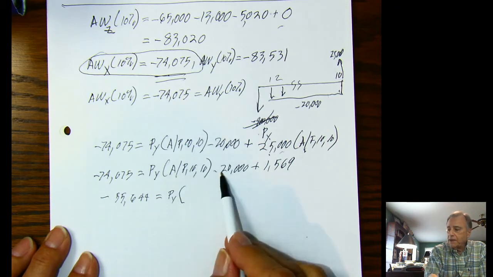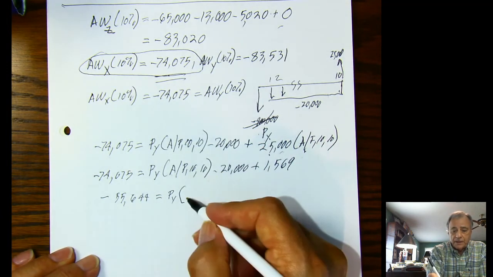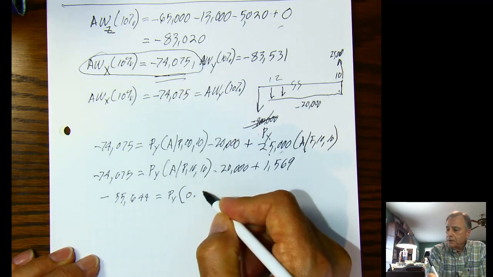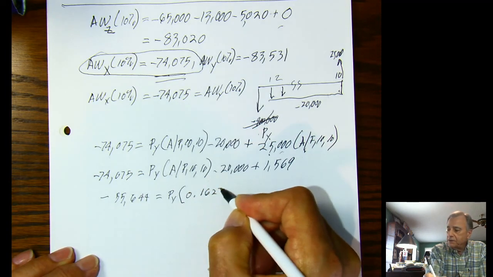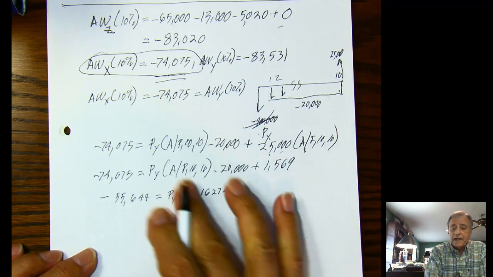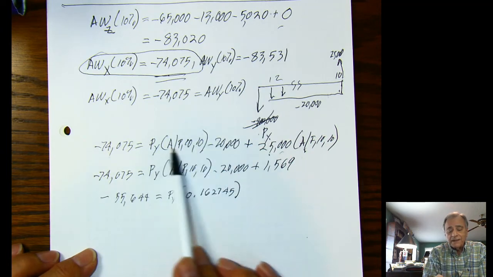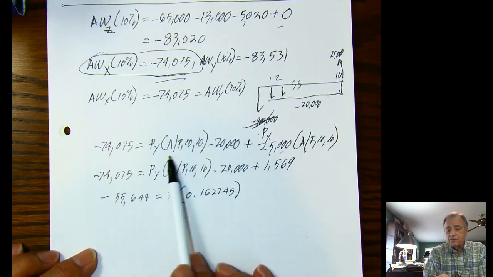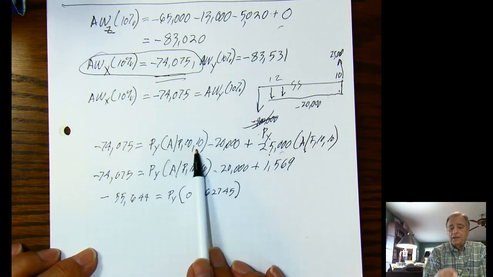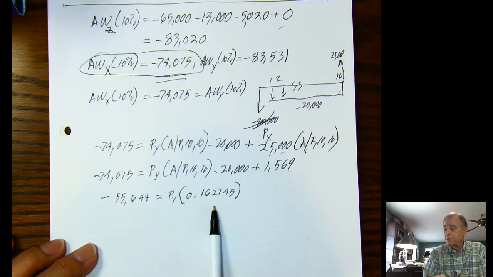I can look that factor up in the tables, and I get 0.162745. I could also get this from the app simply by putting in P equals 1 and then asking for the value of A given P. If you do that, you'll get this number.